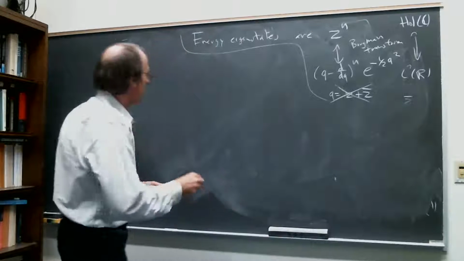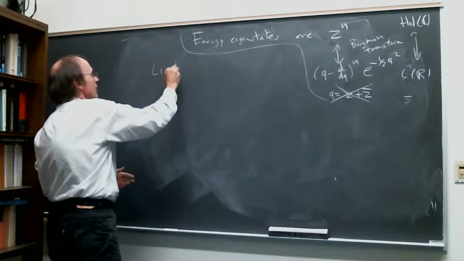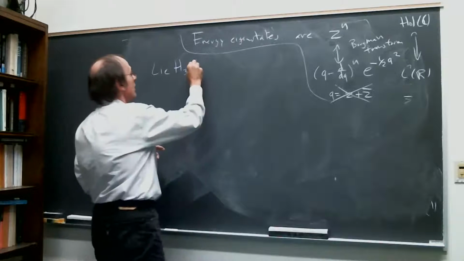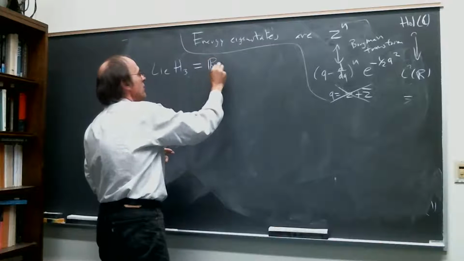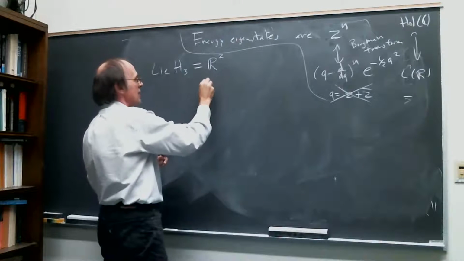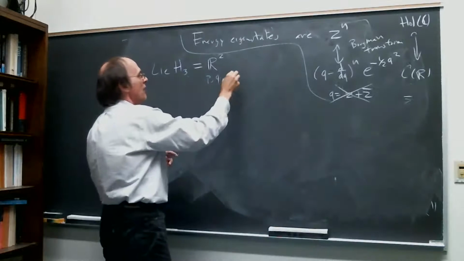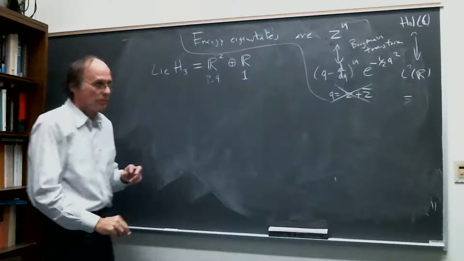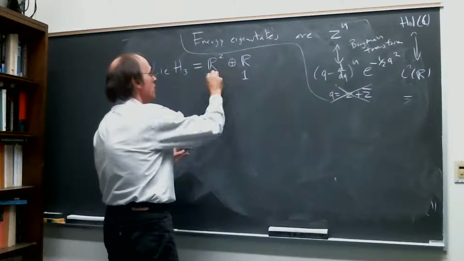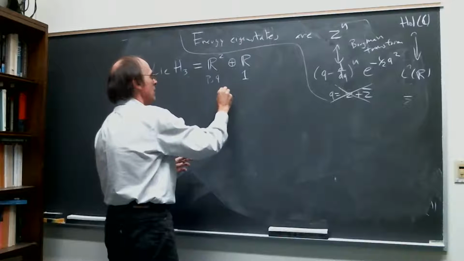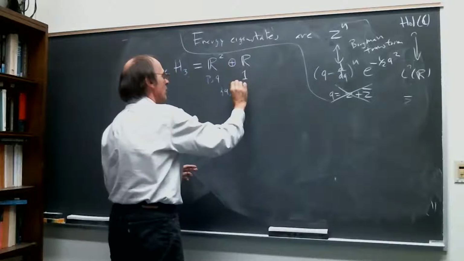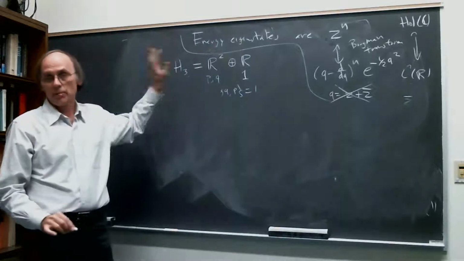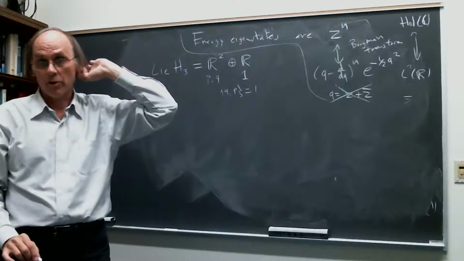Remember, we said that the Lie algebra of the Heisenberg group in 3 variables was given by taking R2, your phase space with a basis of P and Q, and then adding in a one-dimensional space with a basis of 1, and then you put in the Lie bracket: the Poisson bracket of Q and P is equal to 1. This was the real story about the Lie algebra of the Heisenberg group.